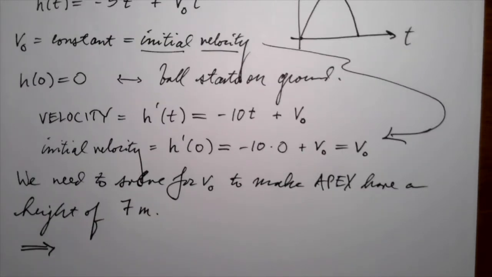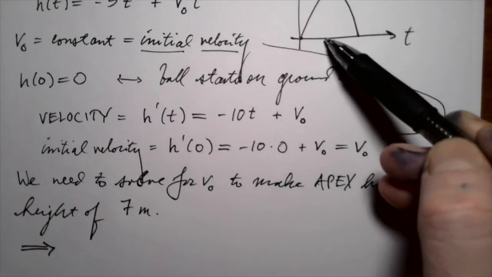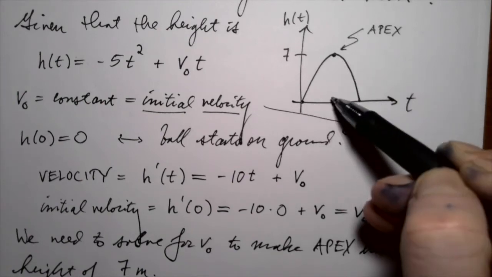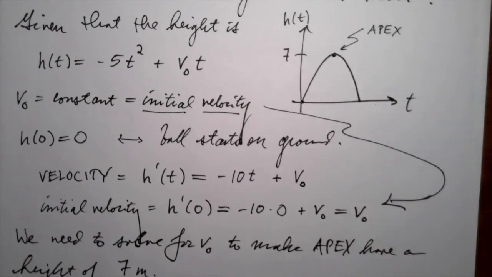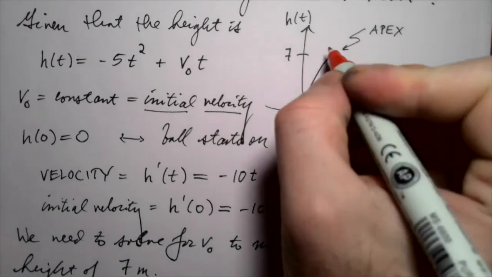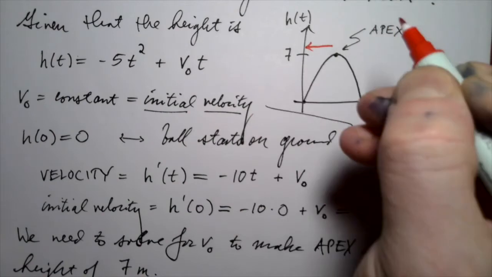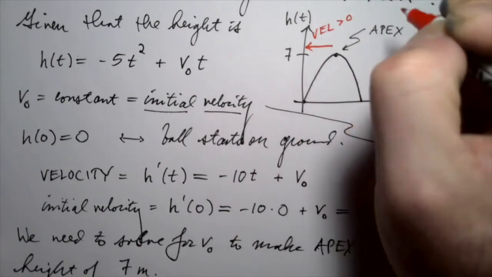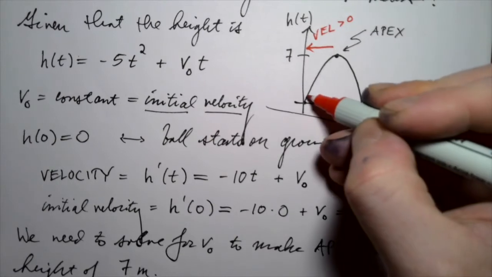The idea is that to the left of the apex we have positive velocity because we're moving upward. Let me write that down. So in this range of t values, the velocity is positive because we're moving upwards.